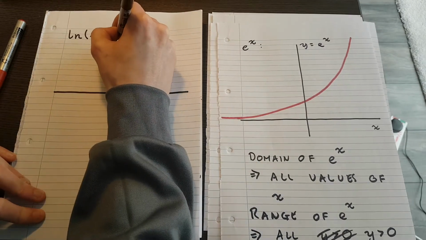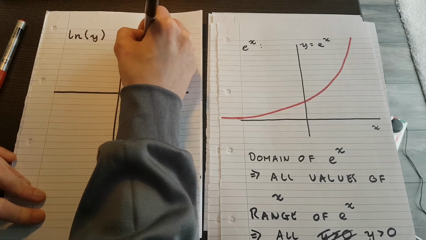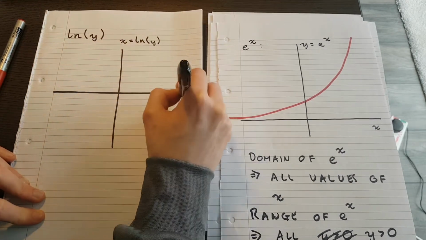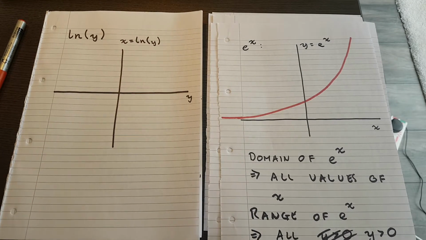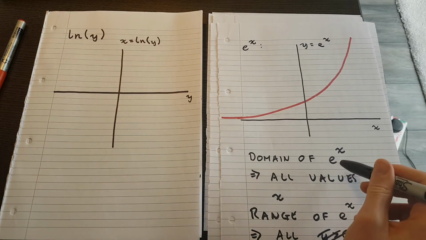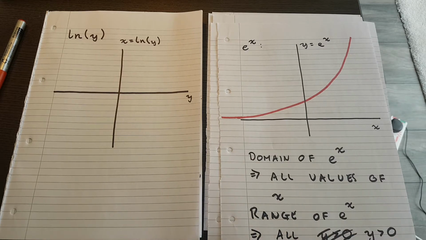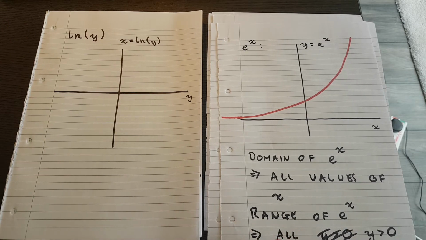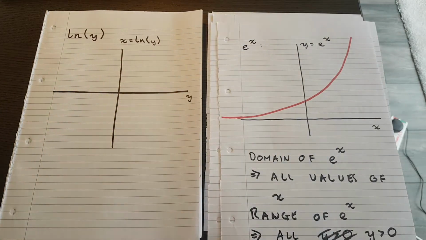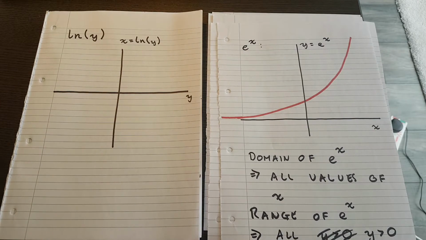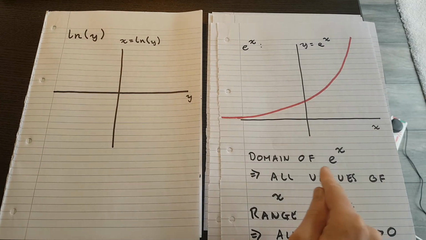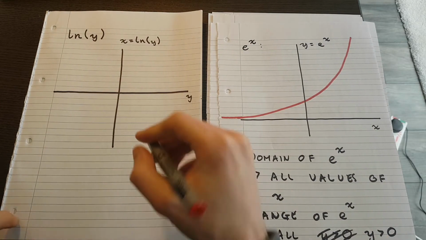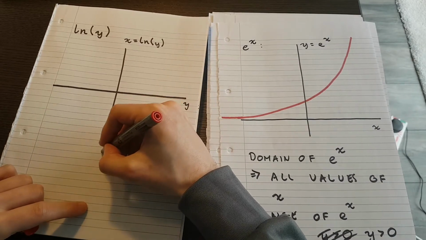This is x, which is equal to the natural log of y, and this is y. What do we notice? Before, our domain was all values of x, and our range was only positive y. That means that this time, only positive values of y are my acceptable inputs, and my range is going to be all values of x. So this is going to look like this.